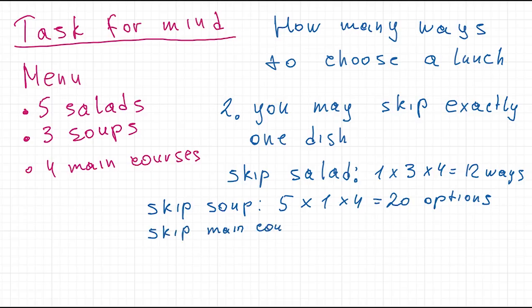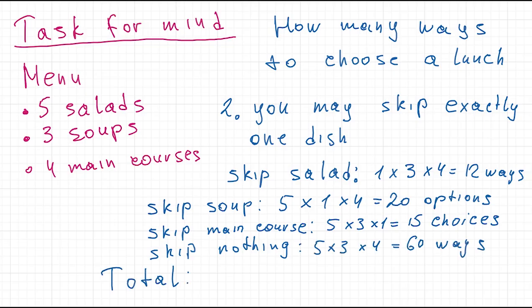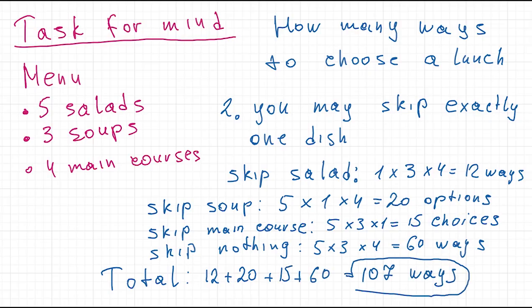If we skip main course, we get 5 times 3 times 1, that is 15 choices. Finally, if we skip nothing, we get 5 times 3 times 4, that is 60 choices. Using the sum rule, we must add all these numbers. We get 12 plus 20 plus 15 plus 60, that is 107 ways. That's the answer.